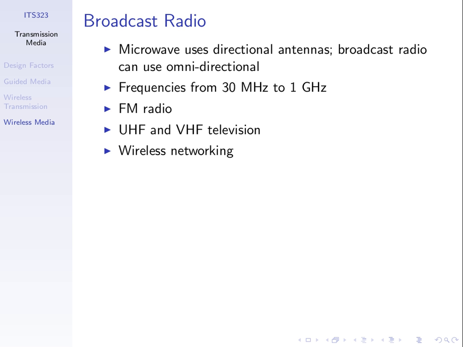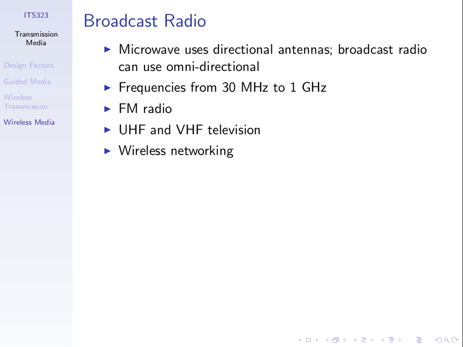Some examples: FM radio, UHF, VHF, TV, Wi-Fi. Wireless LAN is an example of this, where we transmit our signal and anyone within range can receive that signal. Hopefully there's an access point in range, and then that access point uses the wired network to send across to some other destination.